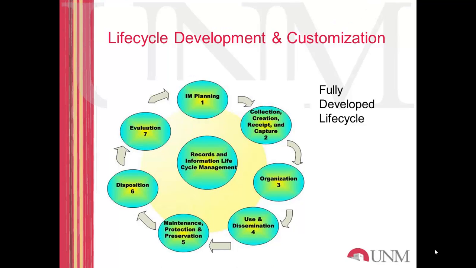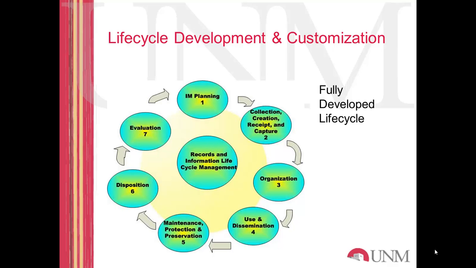This is a really great example of a fully developed life cycle that has specific customized elements that have been included for a particular information management environment. And again, this is more of a records management type of life cycle, but you can see that we've added to the creation phase, we have an organization phase and a use and dissemination phase.